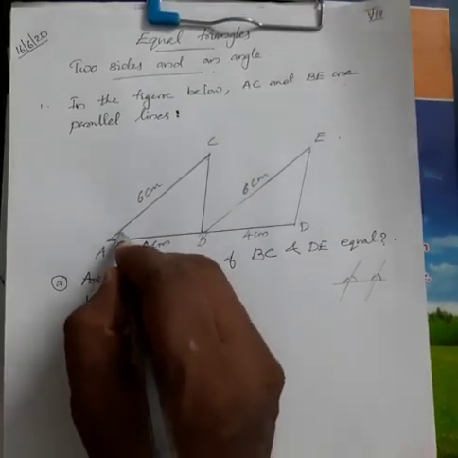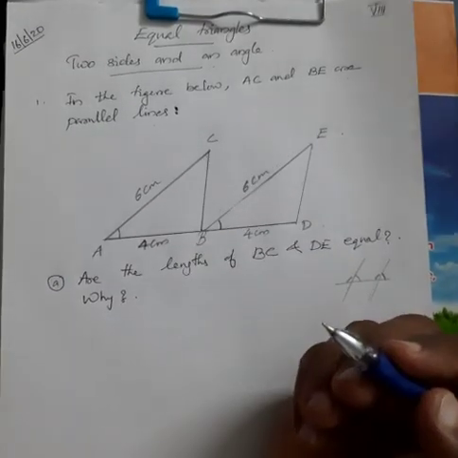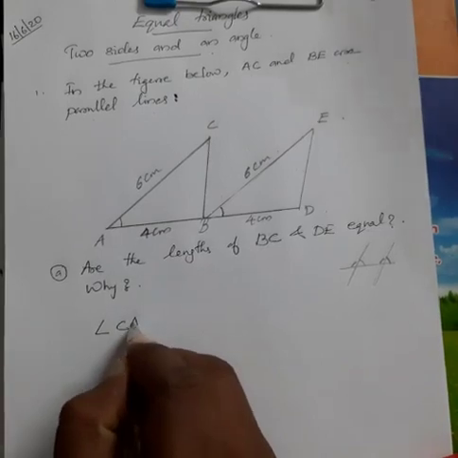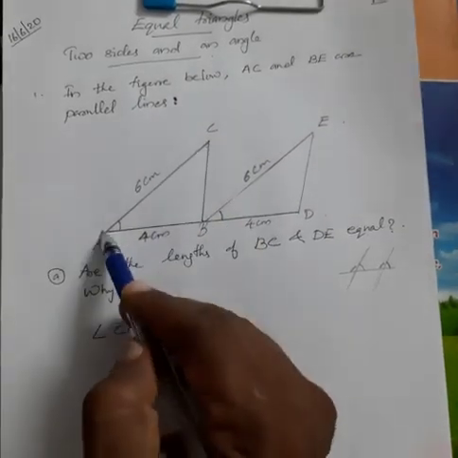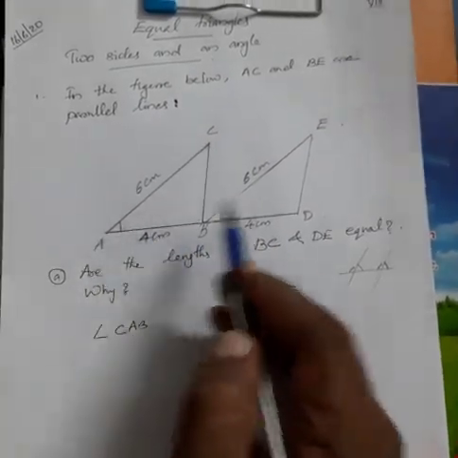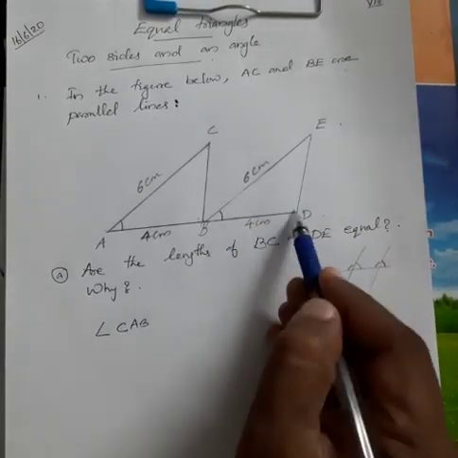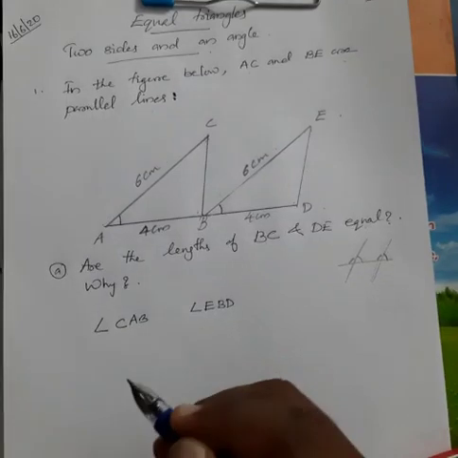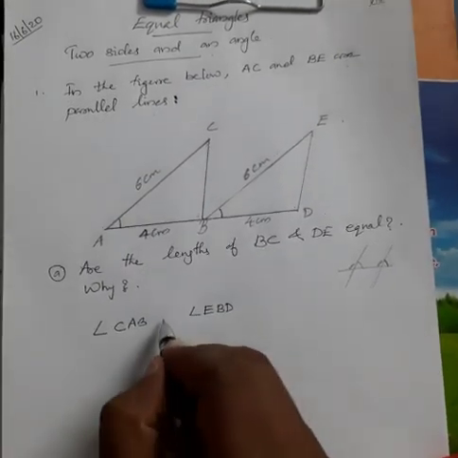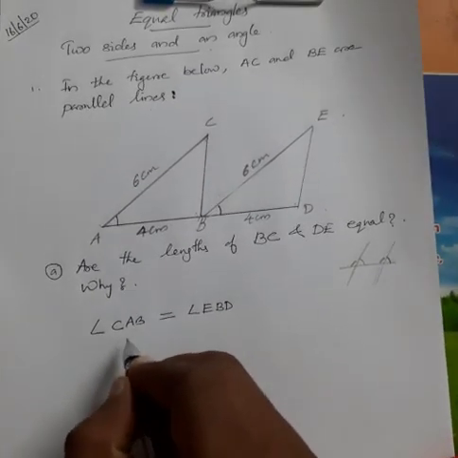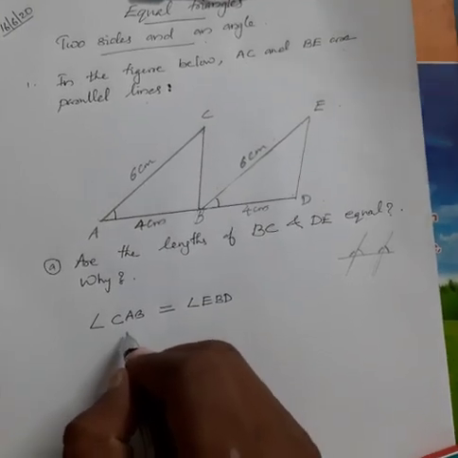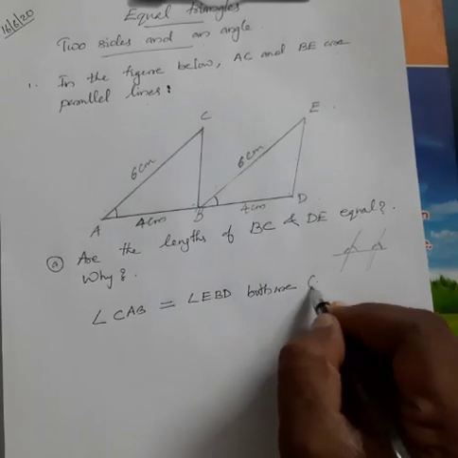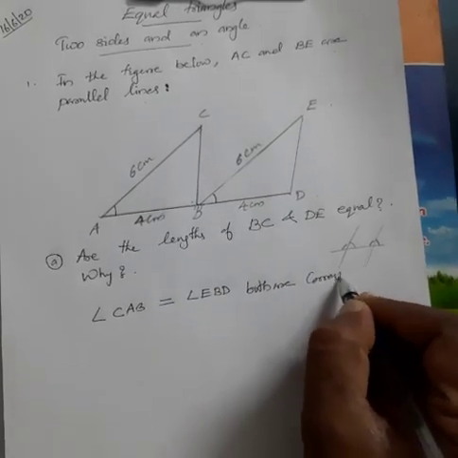So you get two corresponding angles: angle CAB, the first corresponding angle, and angle EBD. In the case of parallel lines, these two corresponding angles have the same value, so they are equal.